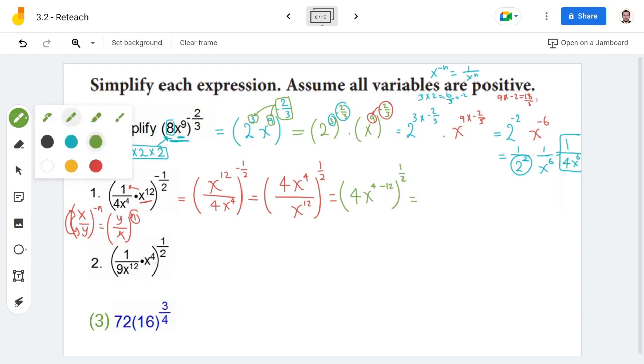So now it will be written as 4x to the power of negative 12 minus 4, which is negative 8, all of that to the power of half.